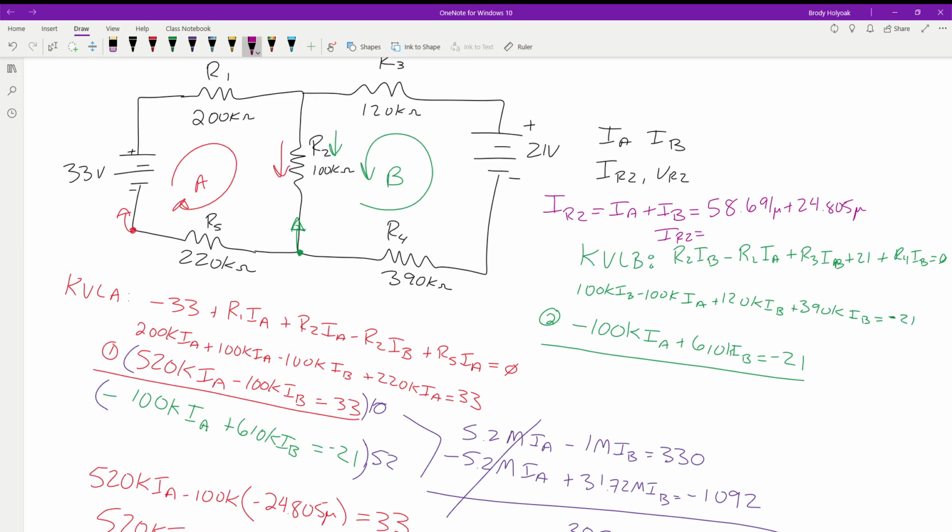IR2 will be right around... Nope, because now we've changed it. To solve for the total voltage or total current going through that resistor, now we have to change it. But in the answers, we leave it as a negative voltage or negative current because we've assumed clockwise on all of our loops.